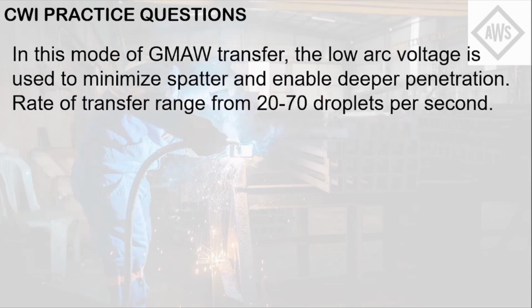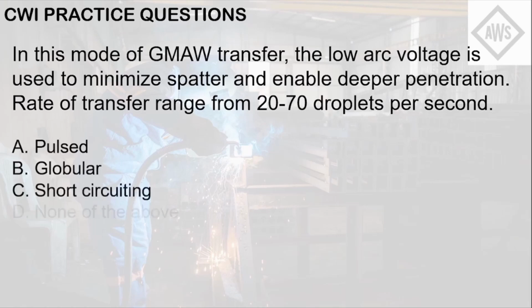Next question. In this mode of GMAW transfer, the low arc voltage is used to minimize spatter and enable deeper penetration. The rate of transfer ranges from 20 to 70 droplets per second. Letter A, pulsed. Letter B, globular. Letter C, short-circuiting. Letter D, none of the above. The answer here is fairly obvious as well because of the keyword, droplets.